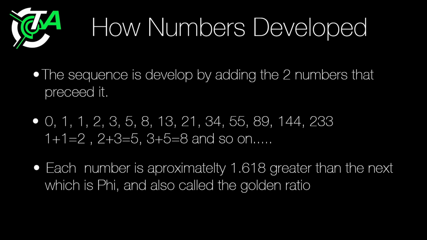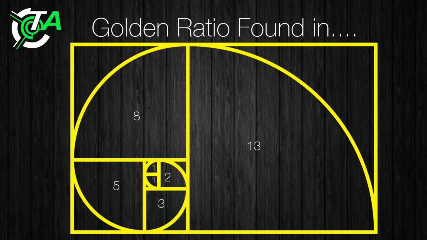Now, each number is approximately 1.618 times the previous one, which is phi in mathematics. It's also called the golden ratio, which some of you may already know. The golden ratio is found in many different places. I'm sure you have seen this before, but that's where Fibonacci levels come from.